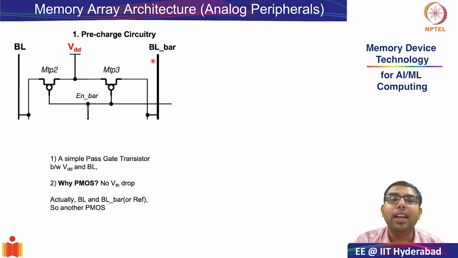But for the time being, the idea is I need to pre-charge both bit line and bit line bar with VDD. So just like I had a PMOS connecting VDD to bit line, I have hopefully an identical PMOS pass gate transistor connecting VDD to bit line bar.